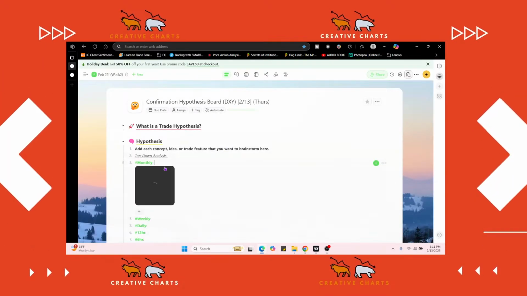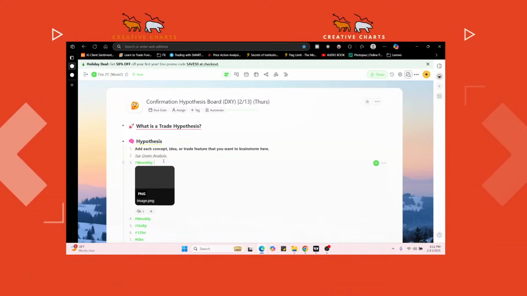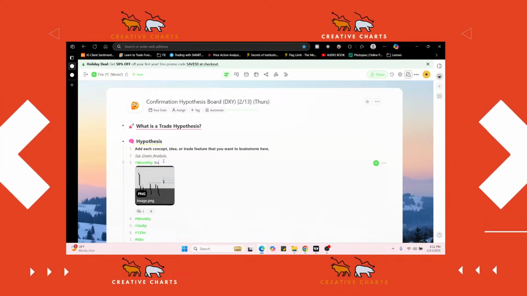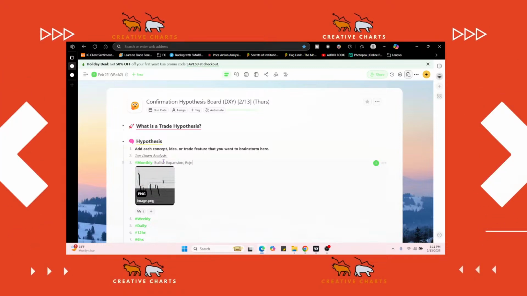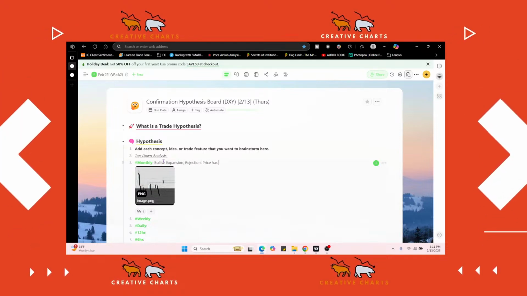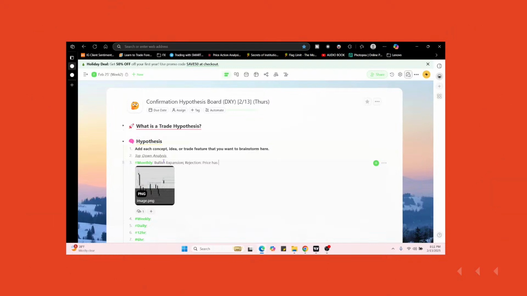So yeah, I'm gonna copy that screenshot into my journal. I'm gonna just write what I just said: bullish expansion, possible rejection. This has broken out.